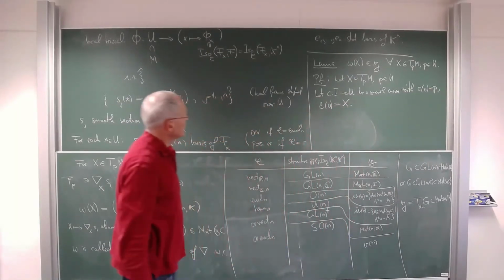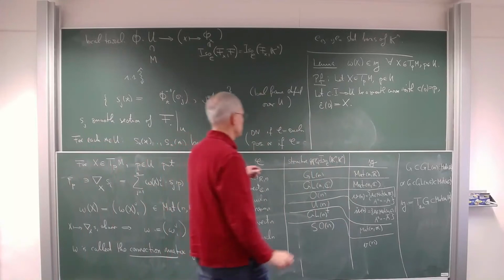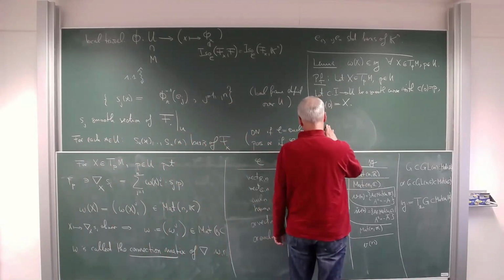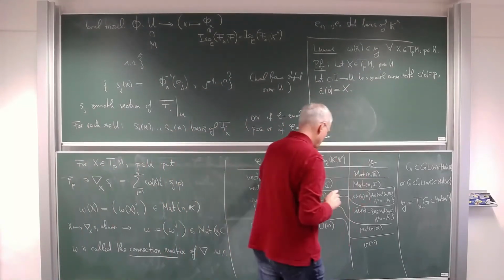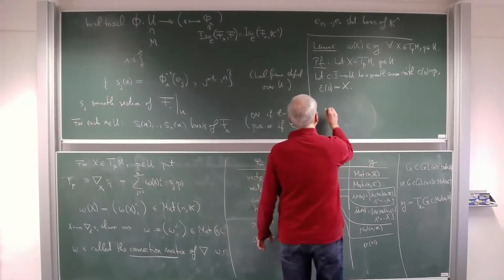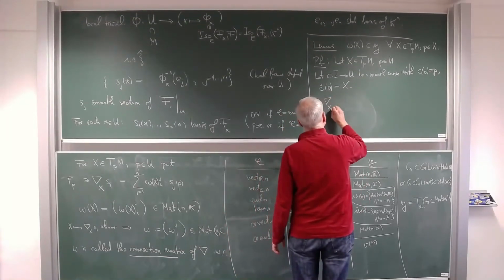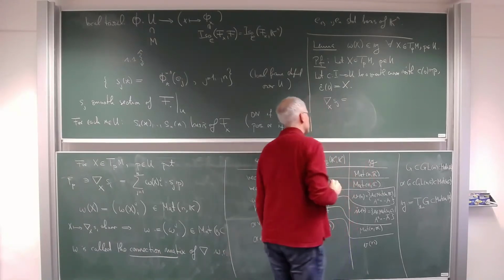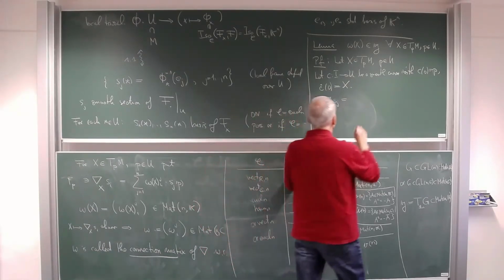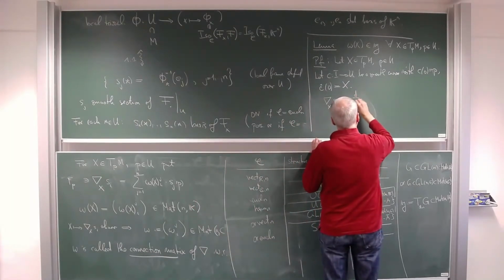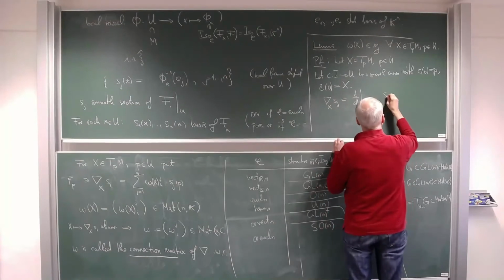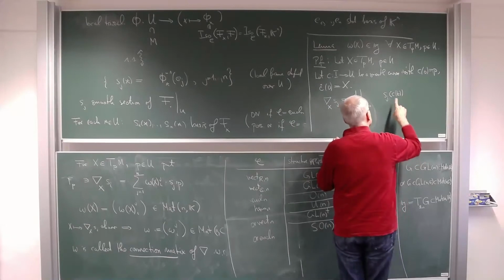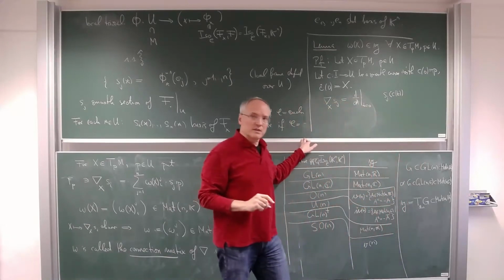And now we know that the covariant derivative in direction x of s_j was defined to be the derivative at t equals 0 of what? Take the section at the curve point c of t, then this gives me an element in the fiber at c of t.